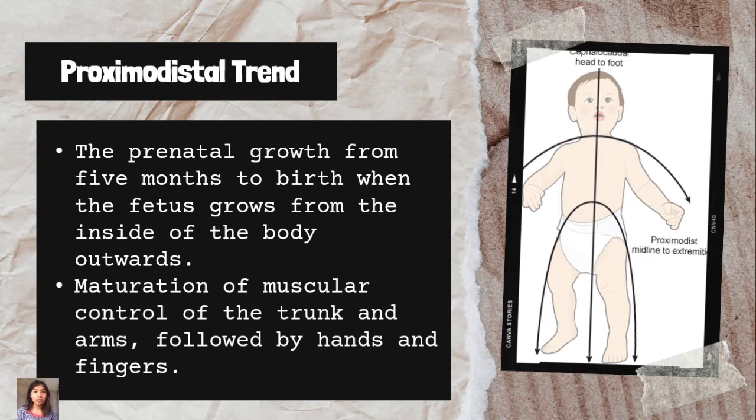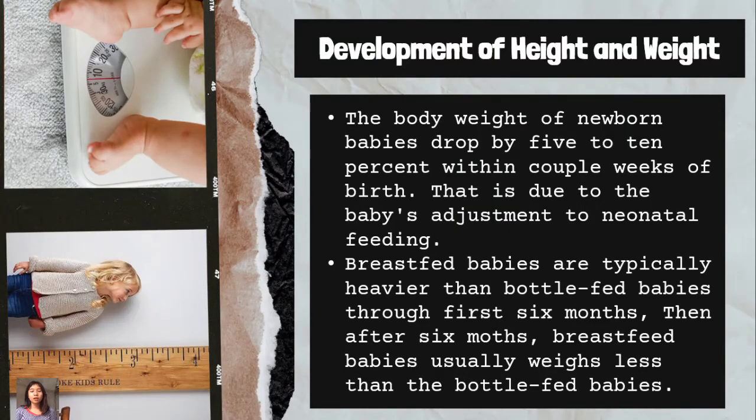The proximodistal pattern of development is characterized by growth that begins in the body center and progresses outward to the extremities. The early development of muscular control of the torso and arms in relation to the hands and fingers is an example of this pattern. Now, let's discuss the development of height and weight.